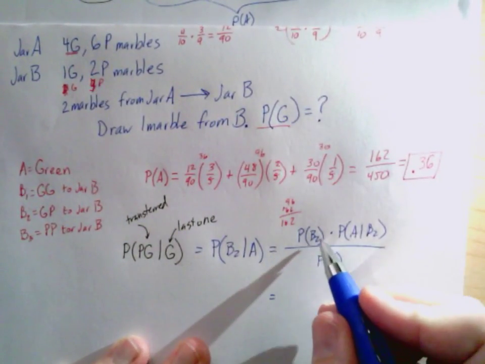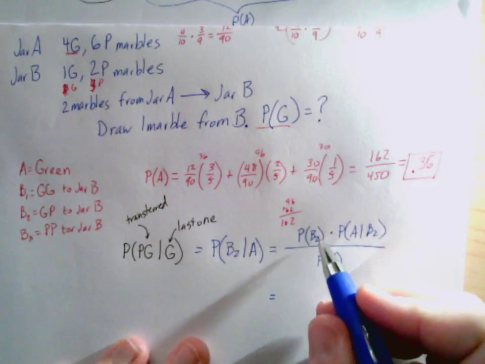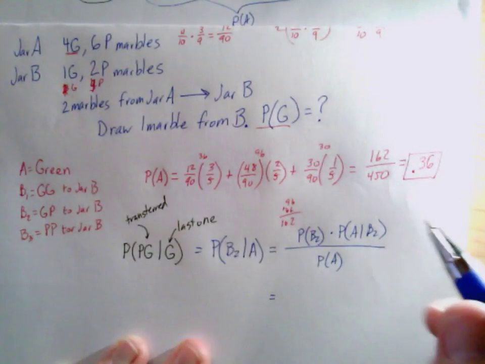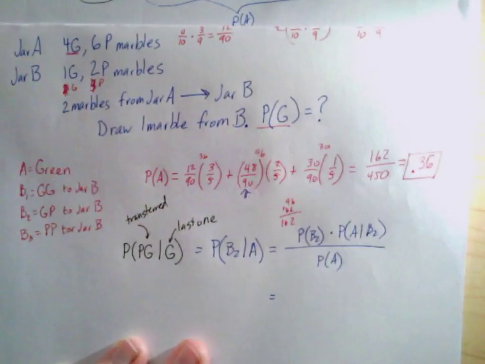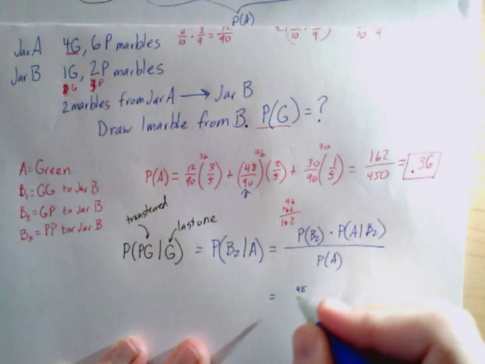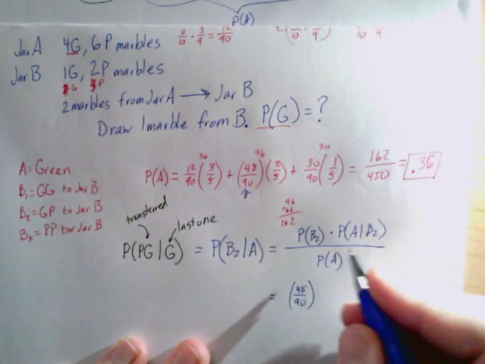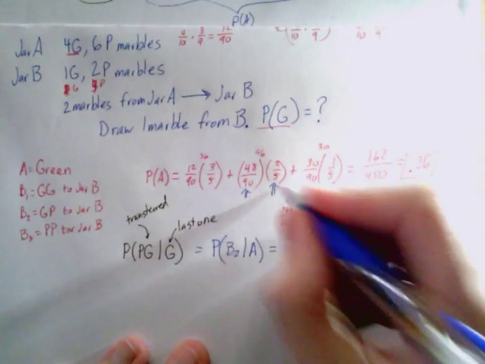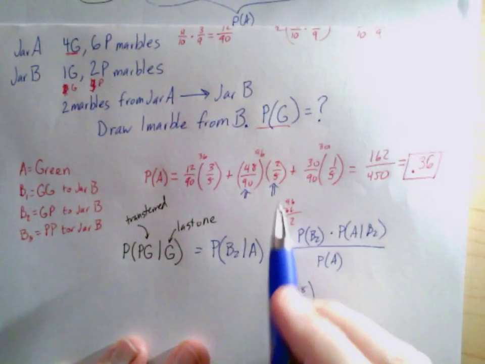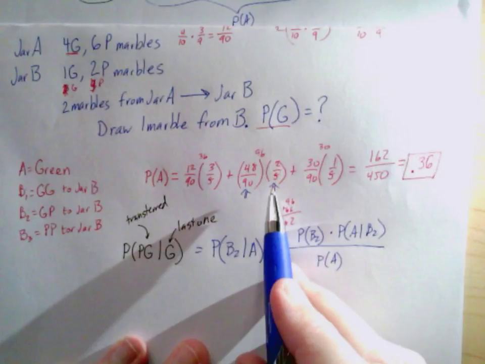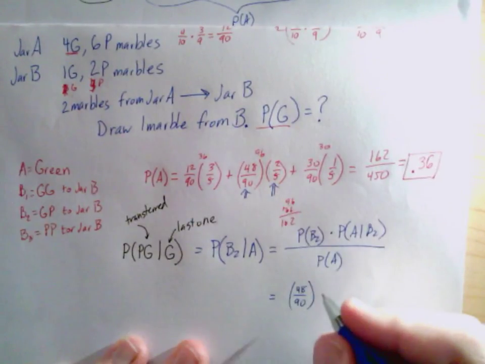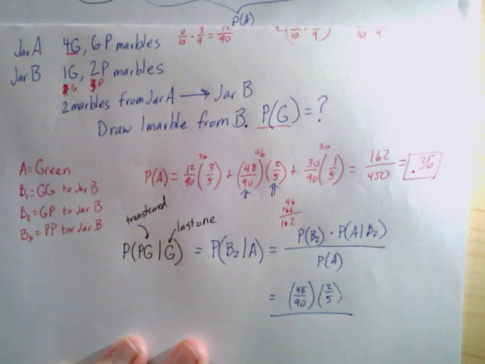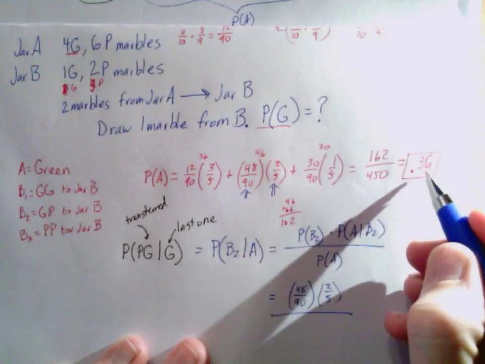So what was the probability that B2 happened? What was the probability that we changed 2 different colors initially? That was this one, right? The 48 over 90, which we found before. So 48 over 90 times the probability of A given B2, which we also found earlier, right? 2/5 was the probability that we got a green given that B2 was changed, so 2/5, all over the total probability of A, which we found early was 0.36.